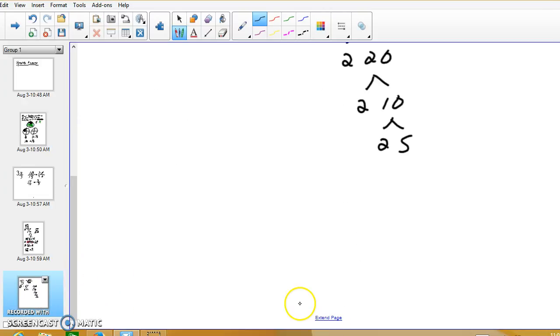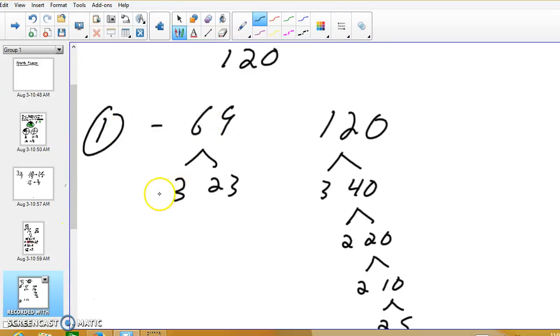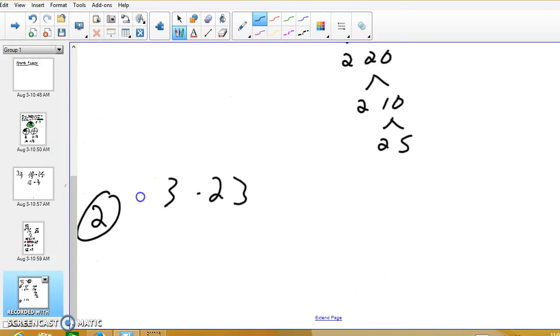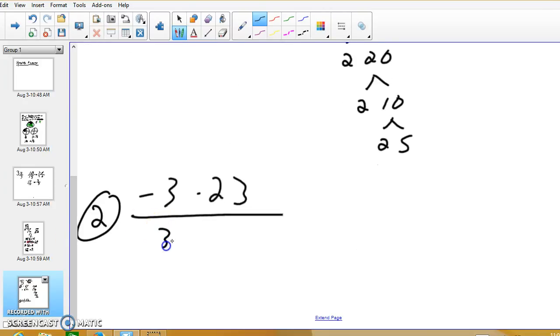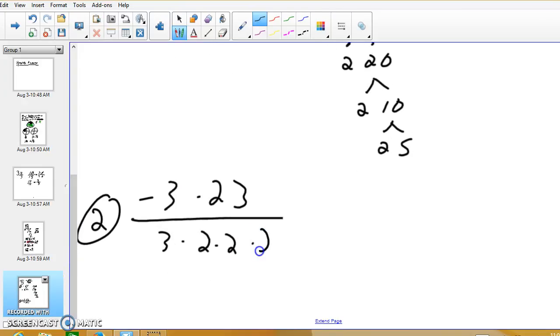So, step 2, write the prime factorizations over top of each other. So that's 3 times 23. Excuse me. Let's carry down that negative to either one of these. So it's a negative 3 times 23, over 3 times 2 times 2 times 2 times 5.